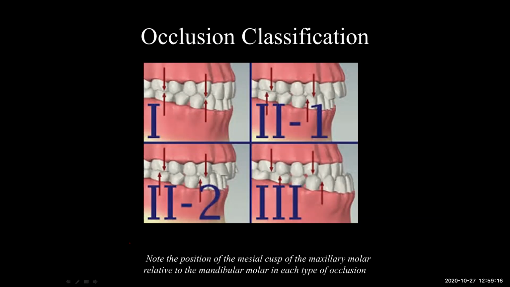Those of you that have the dental clipboard have this already on the clipboard. You're going to be doing a canine and a molar classification on right side, left side. You're going to be talking about overjet and overbite.